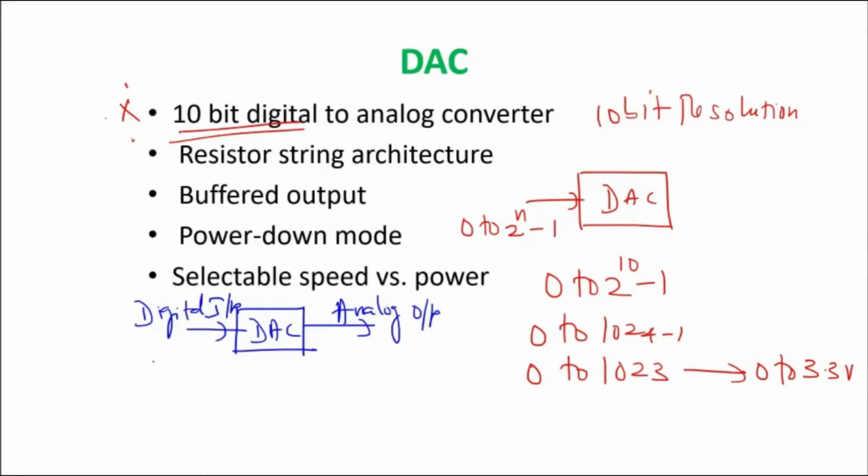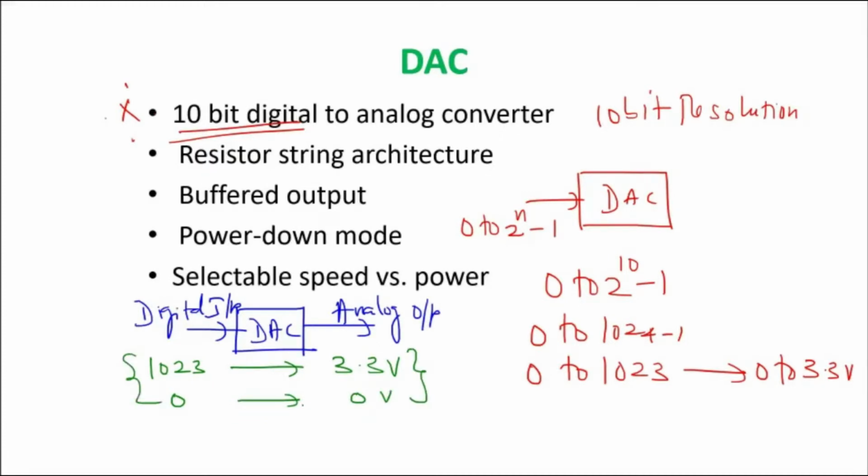You know the two extremes. When I apply a digital input of 1023, I get an analog voltage of 3.3 volts. The other extreme is if I supply a digital input of 0, I get an analog output of 0 volts. These are the two extremes that you can always remember.